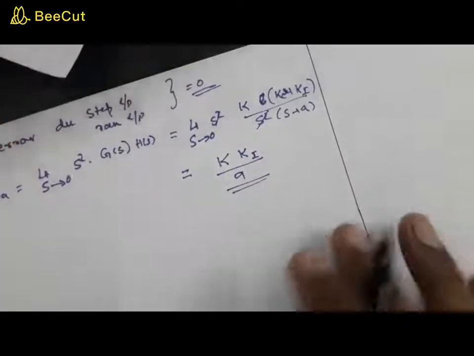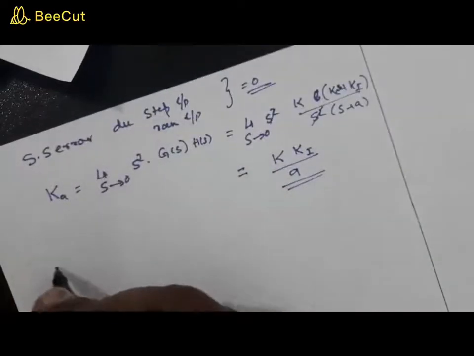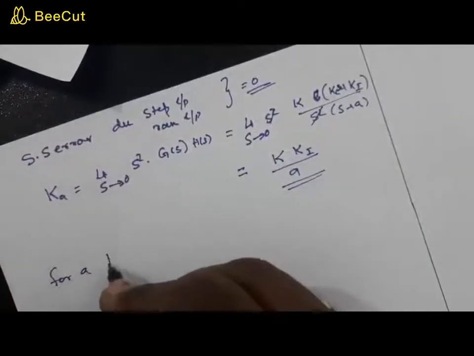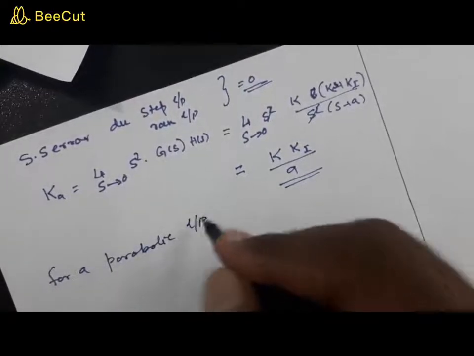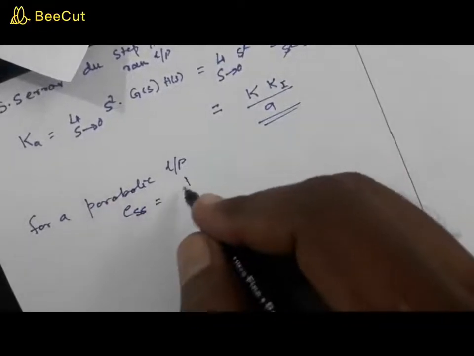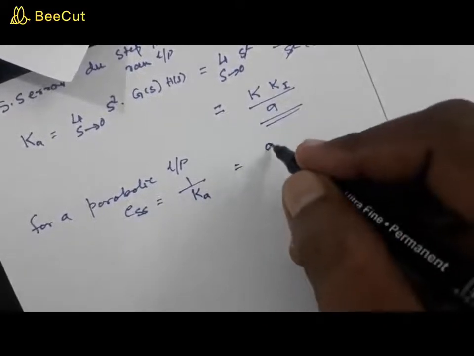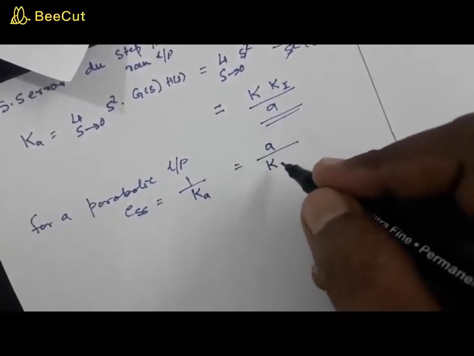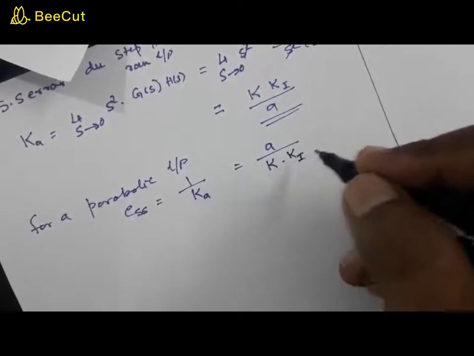So this is actually the acceleration error coefficient, and for a parabolic input, you may refer to those videos if you have doubts. The steady state error is 1 by the acceleration error coefficient, or it will be a divided by k, which is the system gain, into ki.